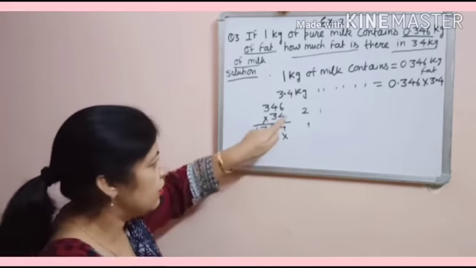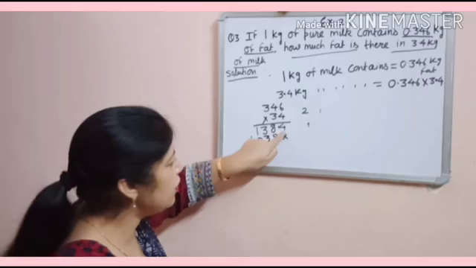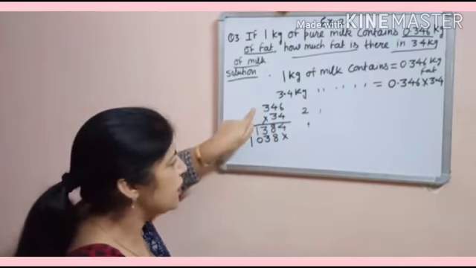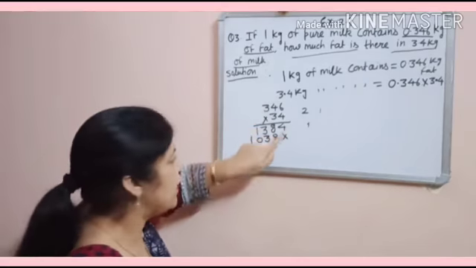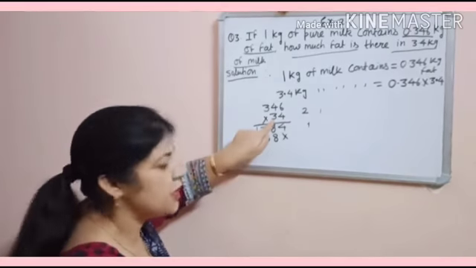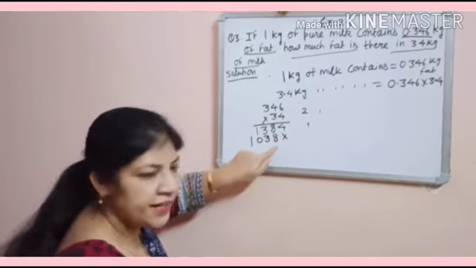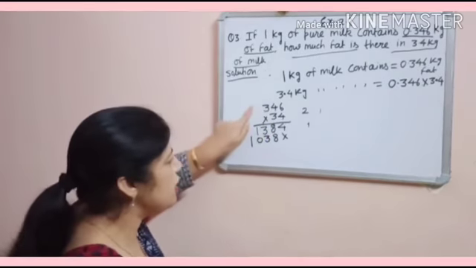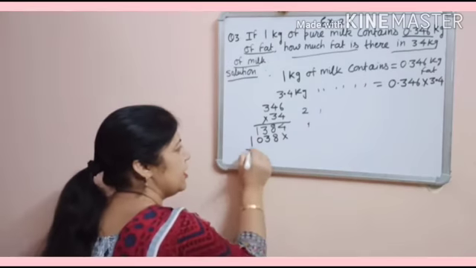You can check again. 4 6s are 24. 4 4s are 16 plus 2 is 18. Then 1 carry. 4 3s are 12, 12 plus 1 is 13. Then multiply by 3. 3 6s are 18. 3 4s are 12 plus 1 is 13. 3 3s are 9 plus 1 is 10.